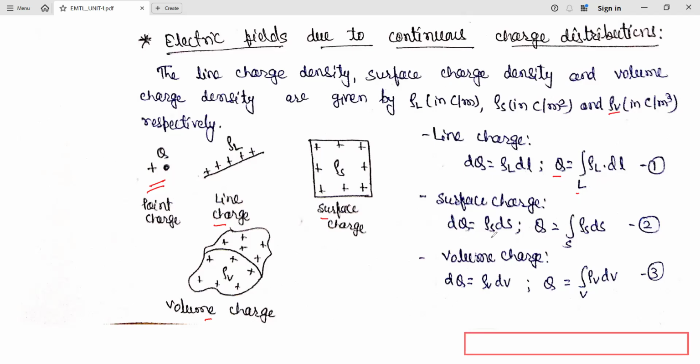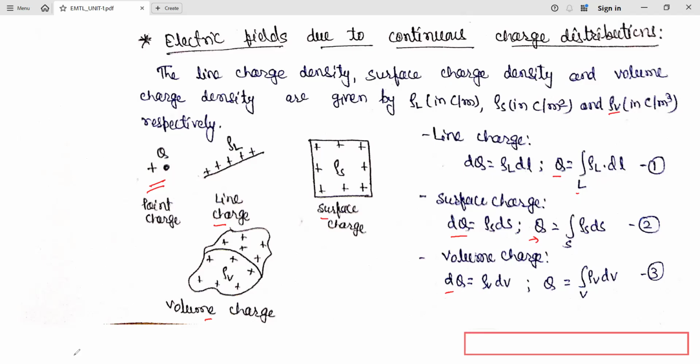Here charge density is rho s, so differential charge dq equals rho s into ds. To find the total charge, you have to integrate over the surface, so it is the integral of rho s into ds. In case of volume charge, the differential charge is rho v into dv. Again, to obtain the total charge, we integrate over the volume.